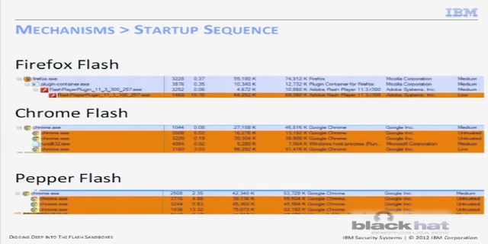Here's how the browser process tree will look after a sandbox is started. You can see here the components that I've talked about earlier. For Firefox Flash, you can see the Firefox browser process, the plugin container, and the Flash player plugin.exe that spawned the Flash player, another instance of Flash player plugin.exe.